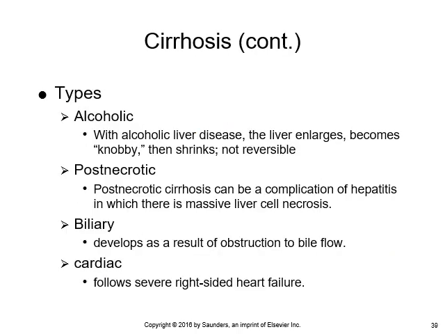There are types of cirrhosis based on what has contributed to it. Alcoholic is with alcoholic liver disease. Post-necrotic can be a complication of hepatitis. Biliary develops as a result of obstruction to bile flow, and cardiac follows severe right-sided heart failure.